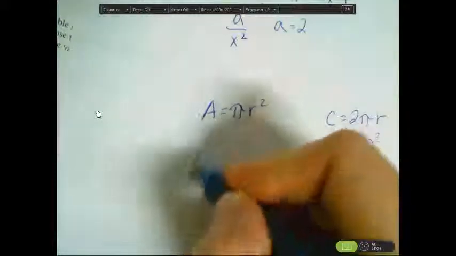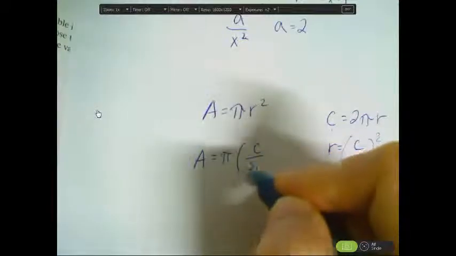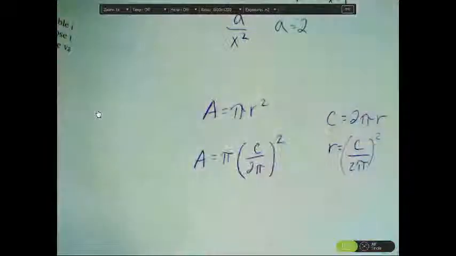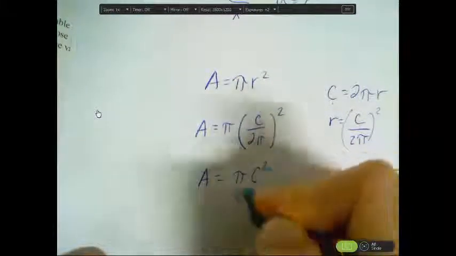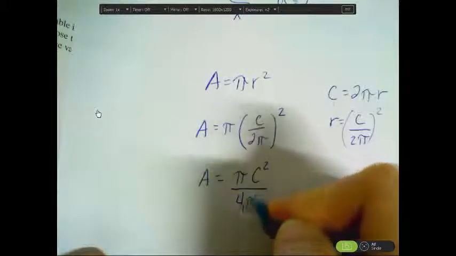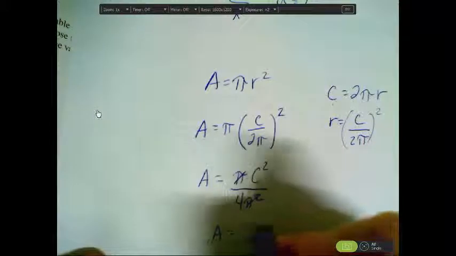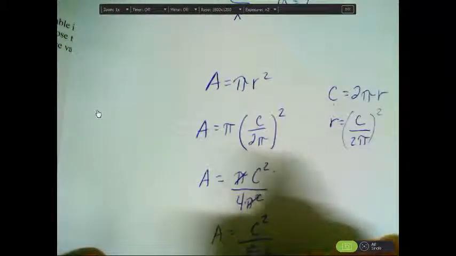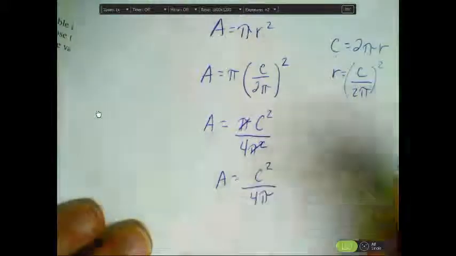Well, actually, I'll write it like this. A equals pi times c over 2 pi squared. Let's keep simplifying. A equals pi times c squared over 4 pi squared. Let's keep simplifying. A equals c squared over 4 pi. That's the area in terms of the circumference.